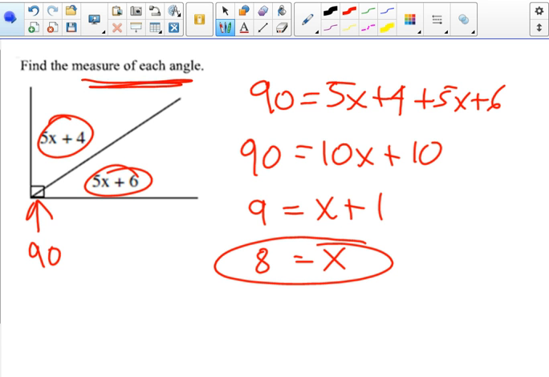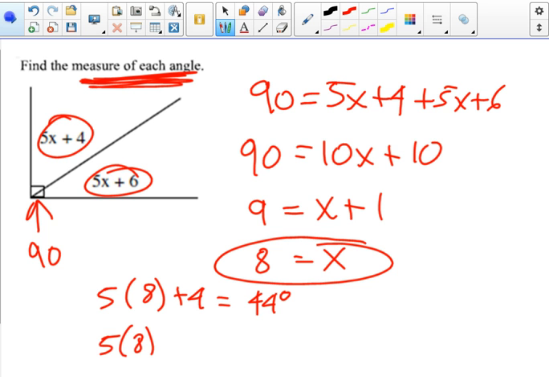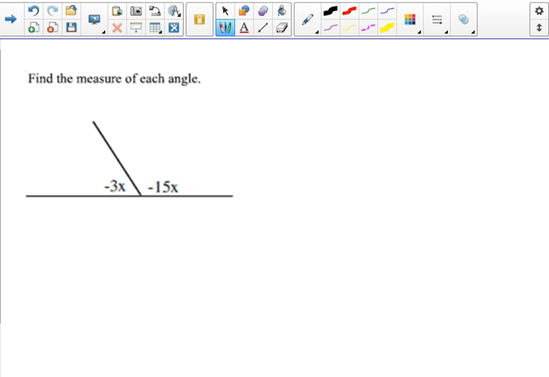They want, for example, here, this happens a lot, they said find the measure of each angle. So this is x, but that's not the measure of each angle. So the angles would be, let's see, 5 times 8 plus 4 would be one angle, that would be 44 degrees. And the other angle would be 5 times 8 plus 6, which would be 46 degrees, which do in fact add up to 90 degrees. So careful you answer the question.